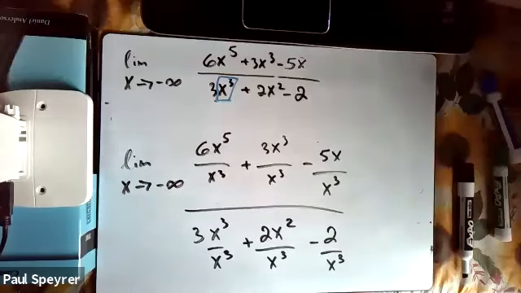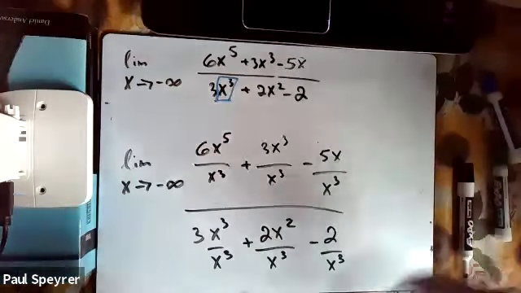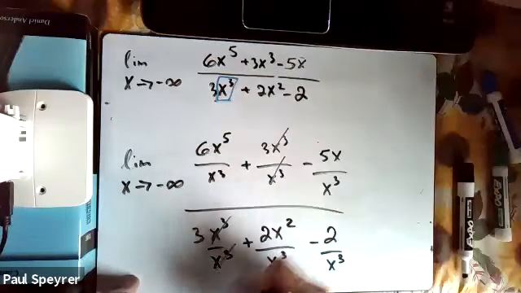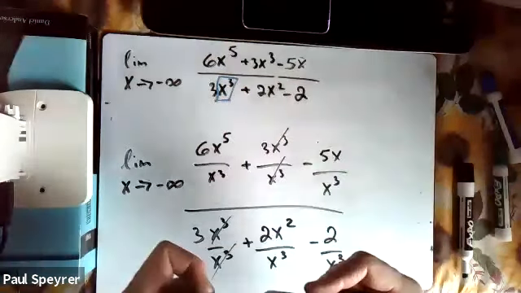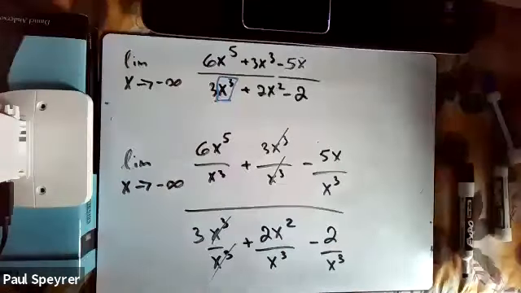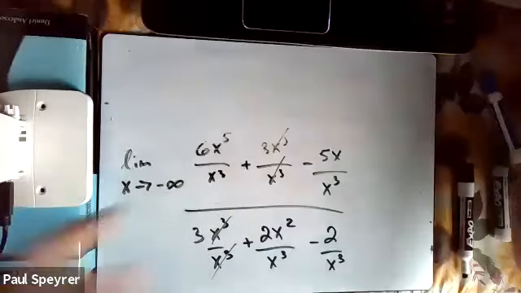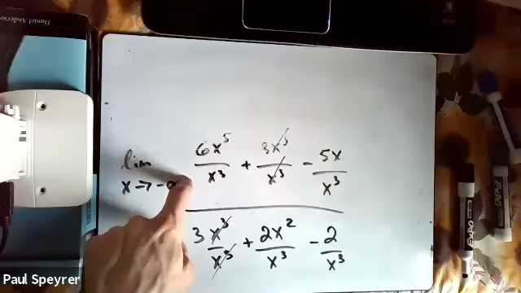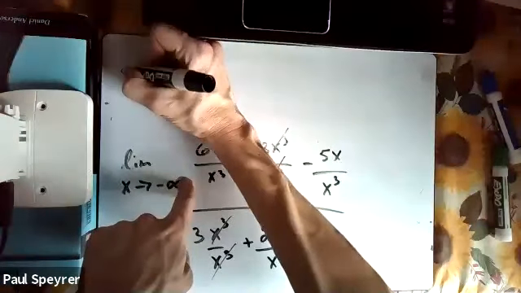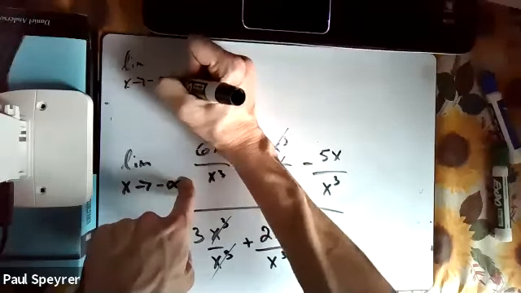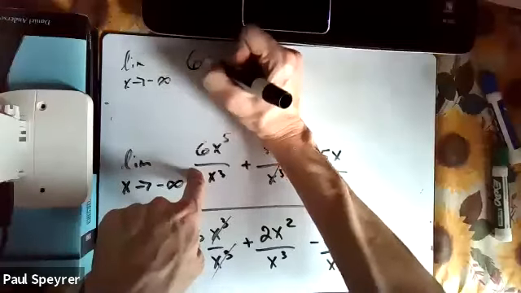All right, so let's start simplifying, right? Reducing, like, well, we could see, oh, this goes completely away, this goes completely away. Some of these partially will reduce, right? I say partially because, like, 6x to the fifth over x cubed, you're still left with 6x squared, right?